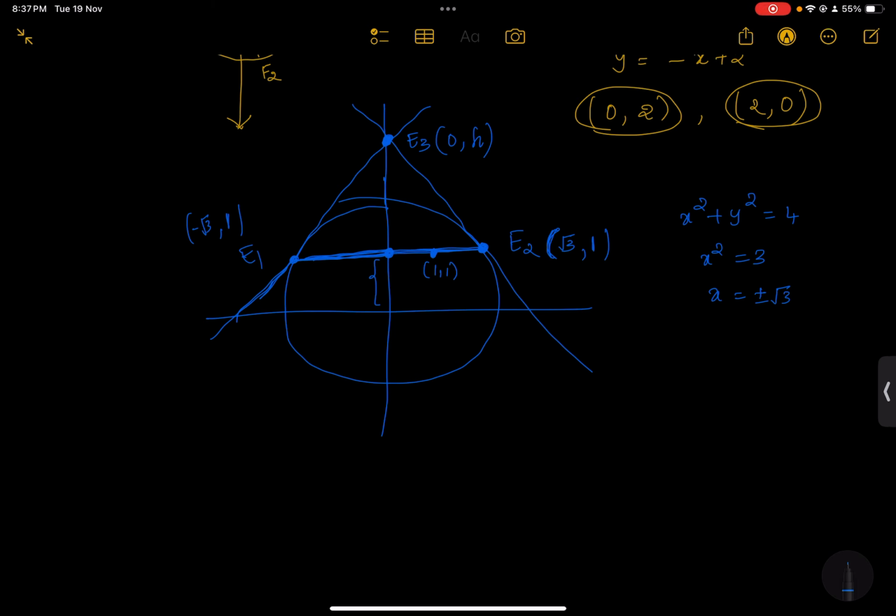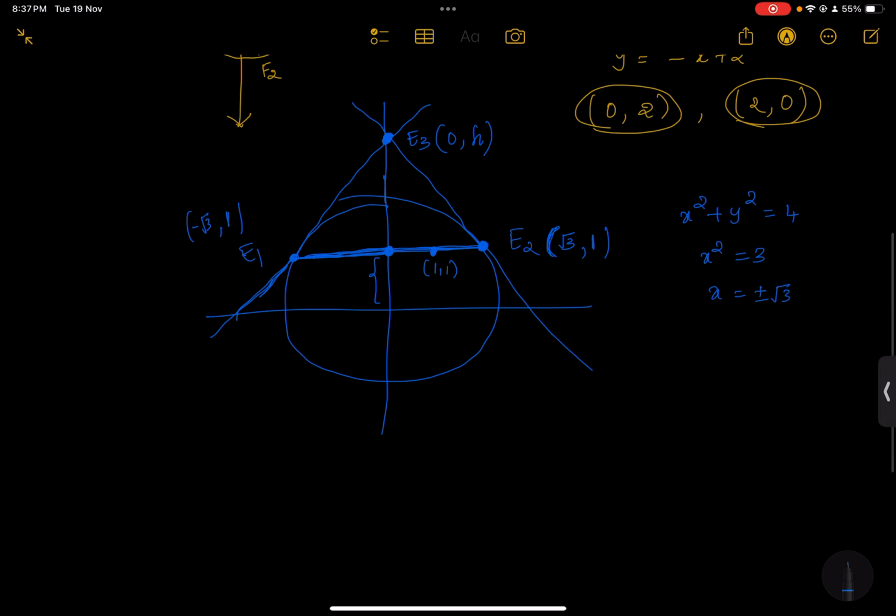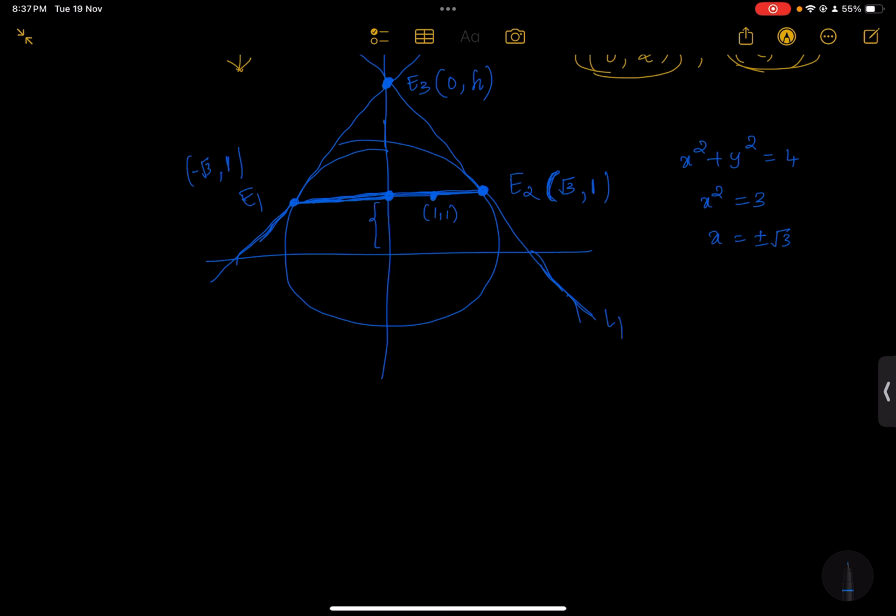Now we have to find 0 comma h. Let this tangent be L1. Let us find the slope of L1. To find the slope of L1 at E2, consider the equation of the circle and differentiate it with respect to x. That will be 2x plus 2y dy by dx is equal to 0.